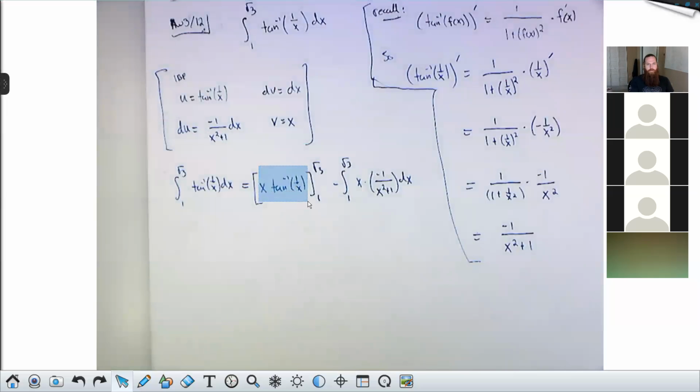So we should evaluate this piece between 1 and √3, and we should also be thinking about how to solve this integral. In my next line, I'll do the evaluation and I'll pop this negative out, making this minus a plus.